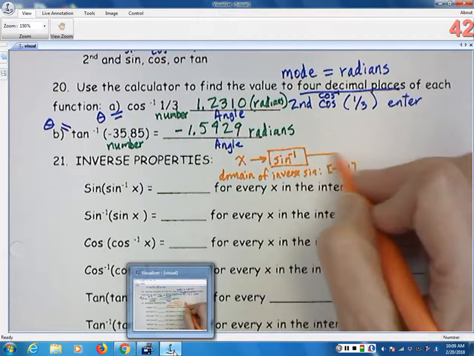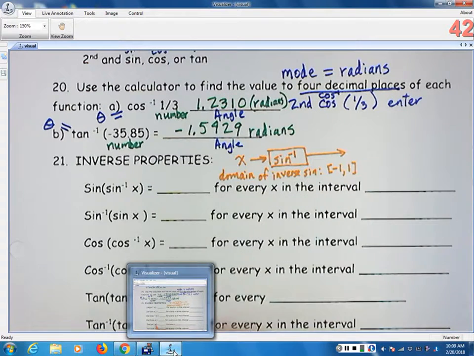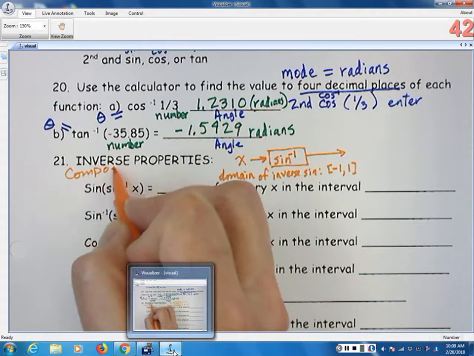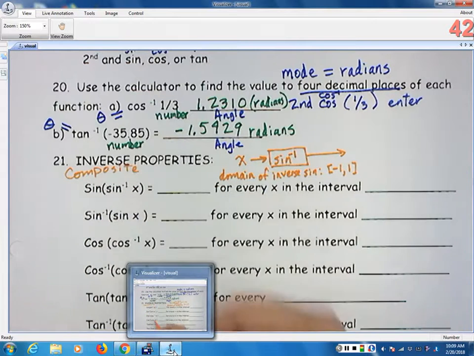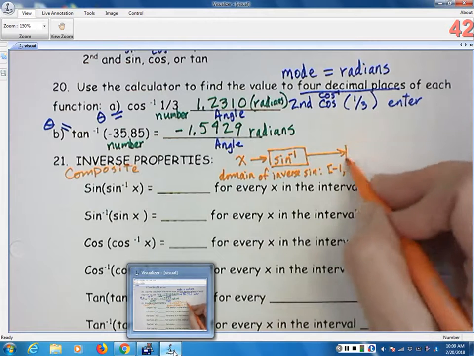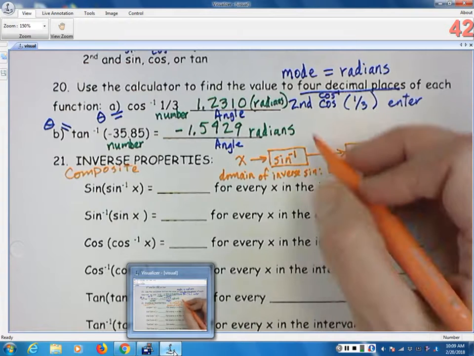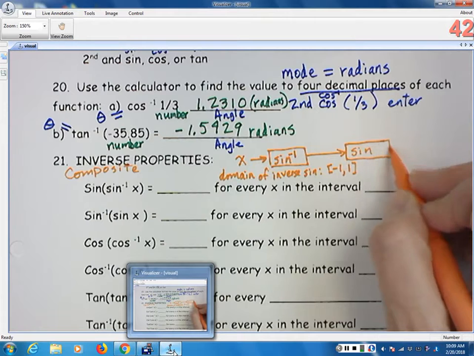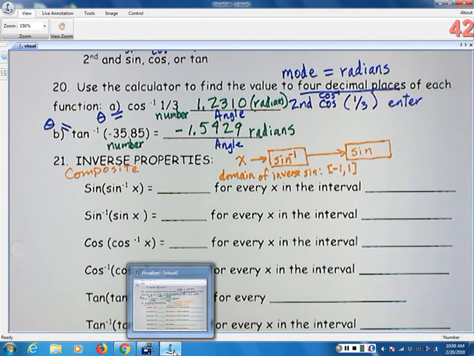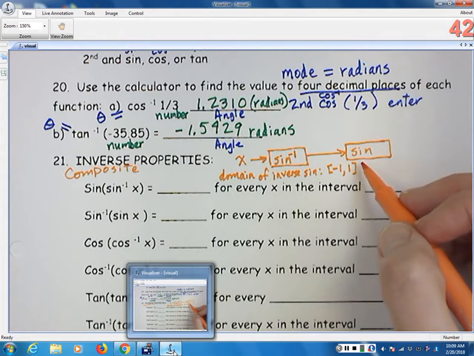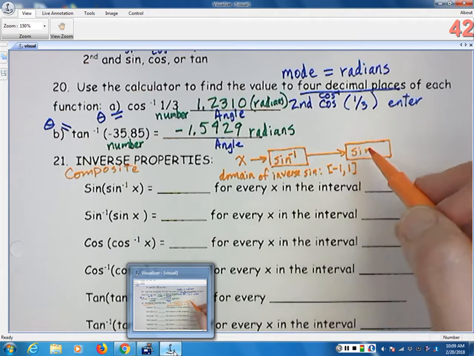And then these are composite functions. We're taking the sine of the inverse sine, and that's going into sine. Well, what's the domain of sine? All real numbers.